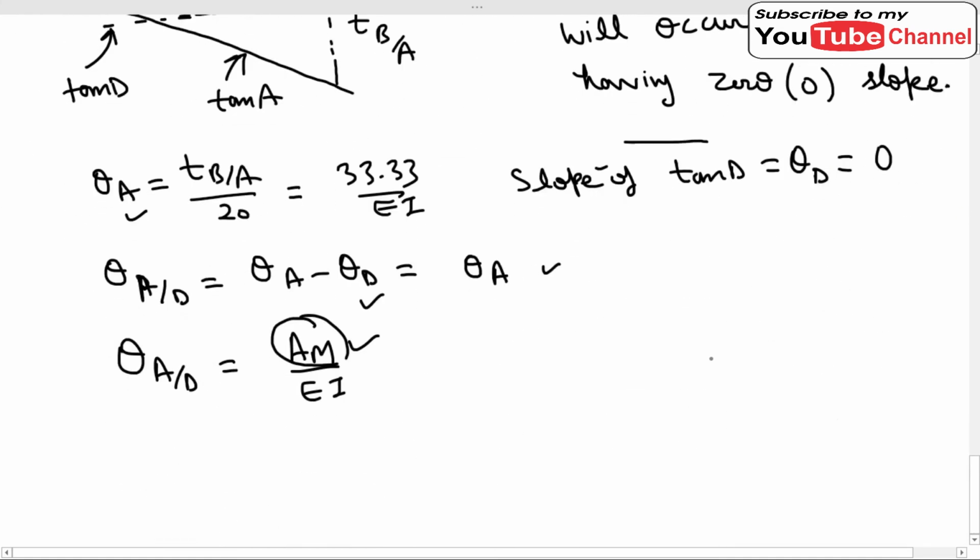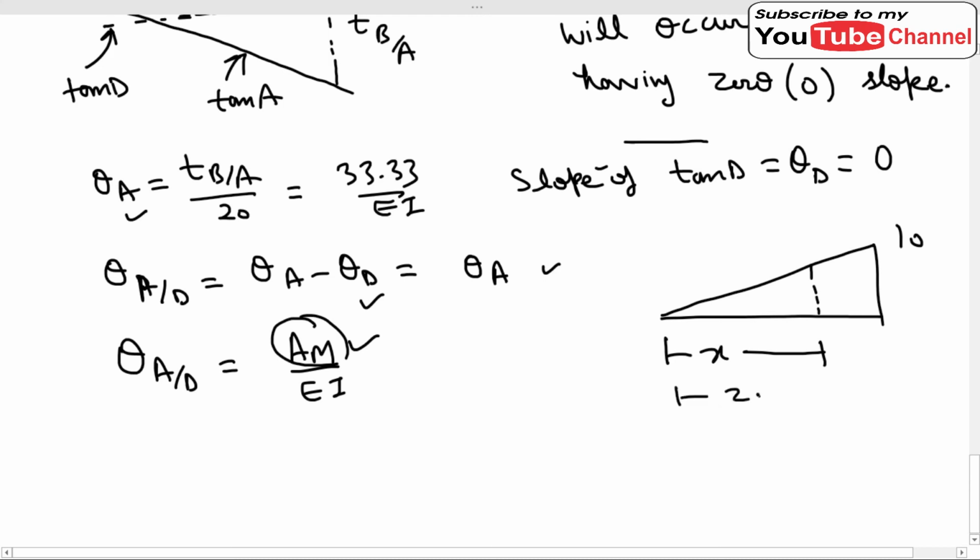Okay, let me draw it here separately. So this is the bending moment diagram, and here it is 10. Okay, so we are assuming that at a distance x the deflection is maximum. So what will be the value of this ordinate? So this is 20 meter, and in 20 meter the bending moment is 10.